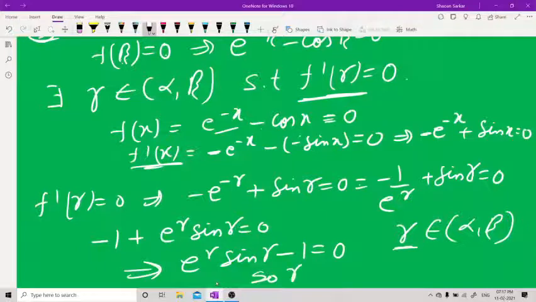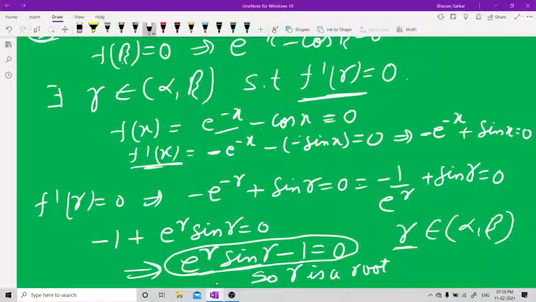So gamma is a root, because e to the power of gamma sin gamma minus 1 is 0. Because of gamma, this whole quantity is becoming 0. Some arbitrary number in between, you can write x also, no problem. That is, gamma is any number between alpha and beta which makes this whole function 0.